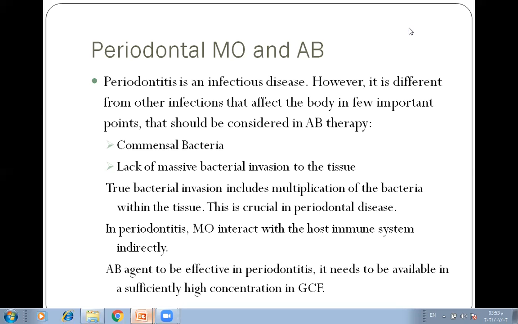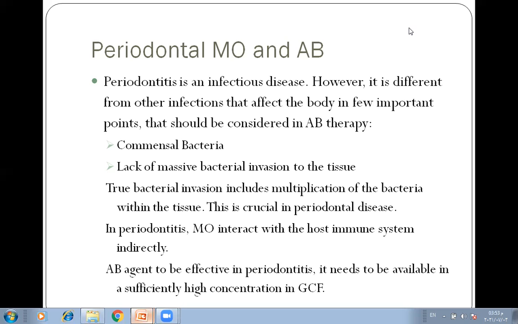And the host immune response is interacting with these microorganisms indirectly through the epithelial barrier, with the bacteria that are in the periodontal pocket, not inside the tissue. Actually, it is interacting with the products of these bacteria inside the tissue.